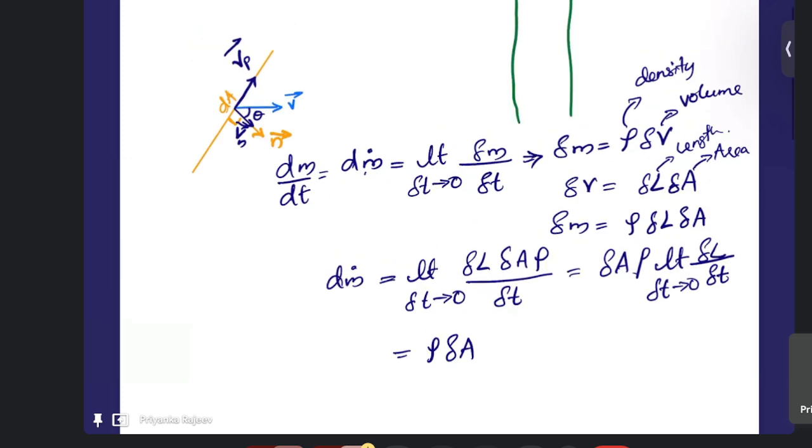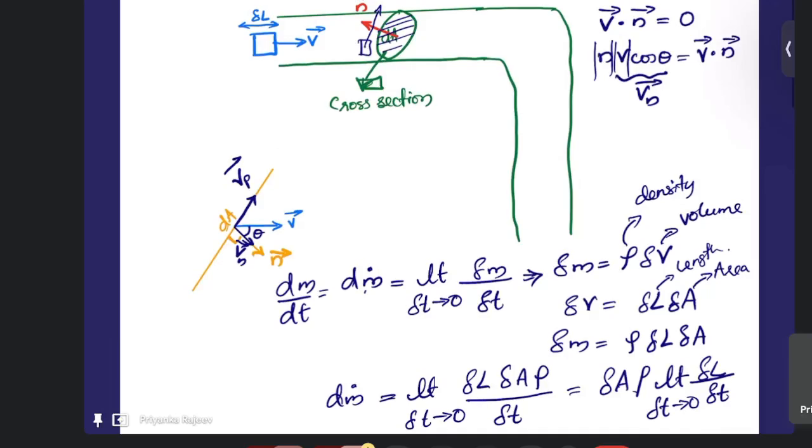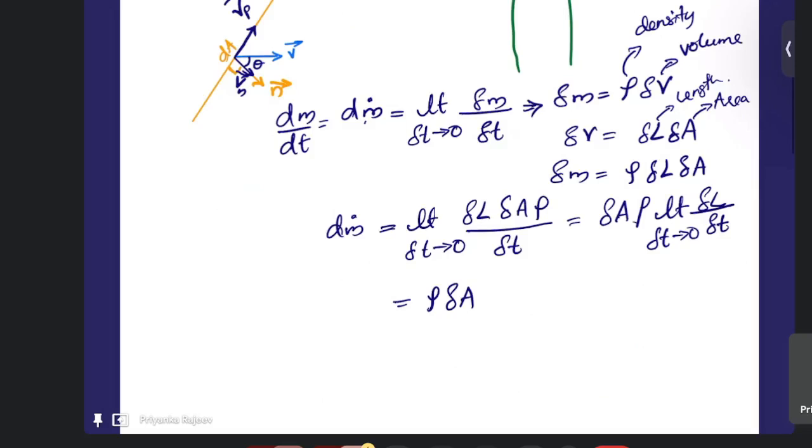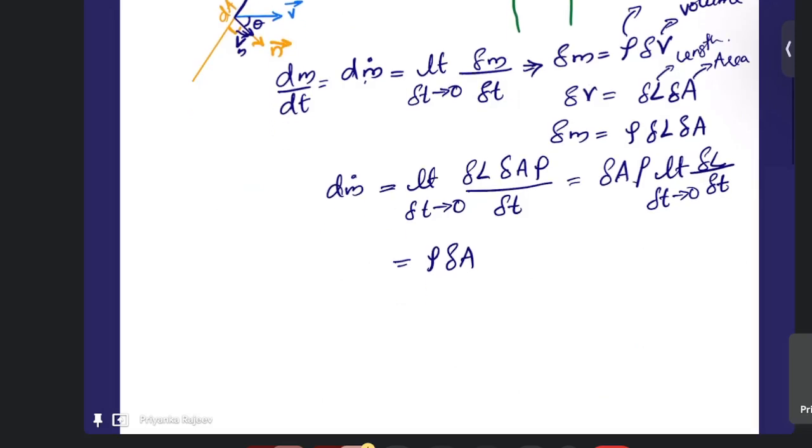As I have described earlier, the velocity along the normal of the cross section is what is going to define the flow. So we have to take velocity as Vn.